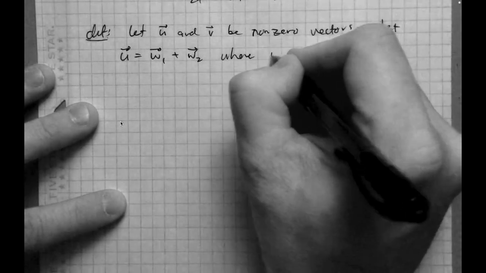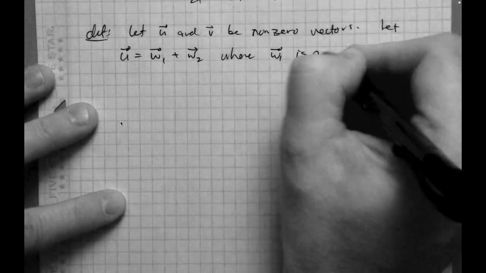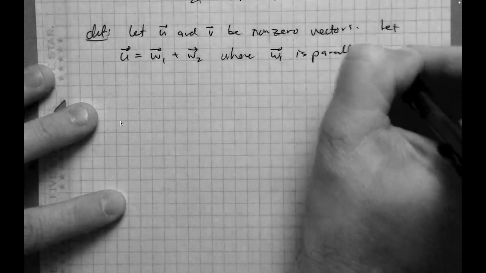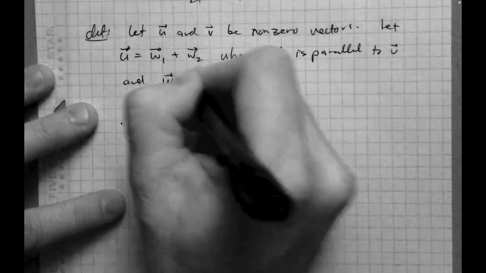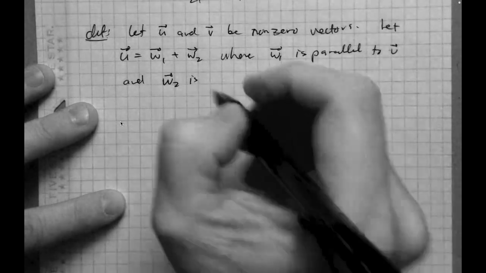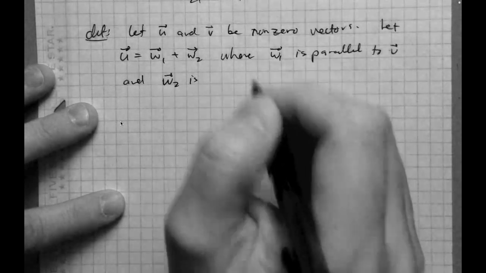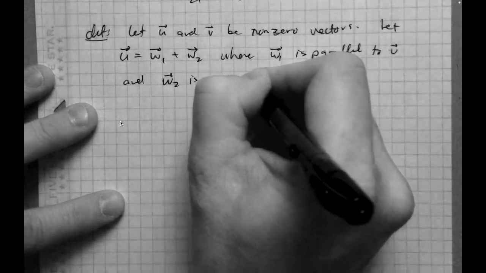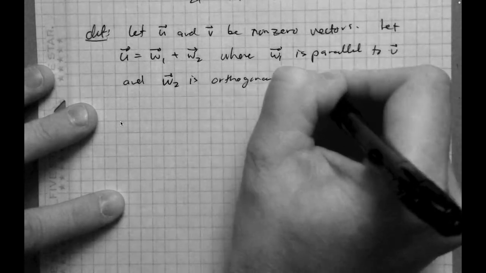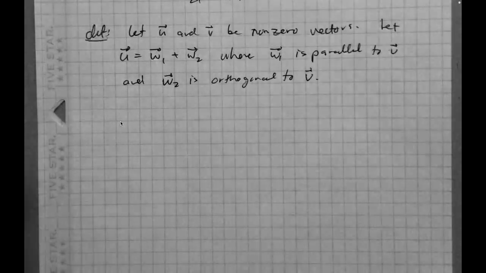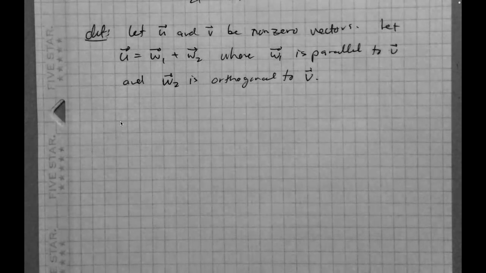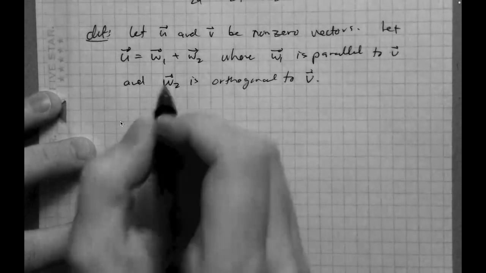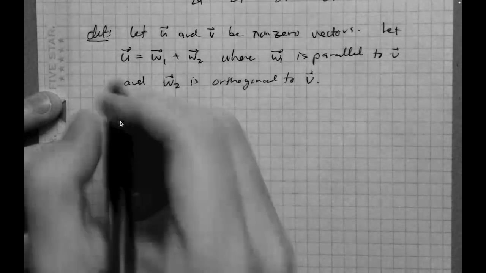So w1 we'll say is parallel to v, and w2 is orthogonal to v, or perpendicular, whichever term you like. So you have one that has the same slope and one that has a perpendicular slope.